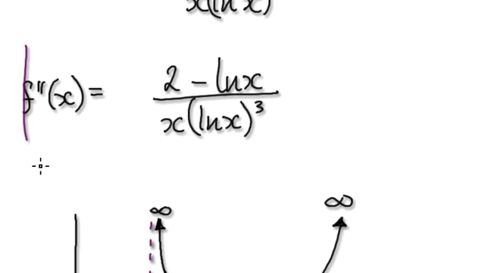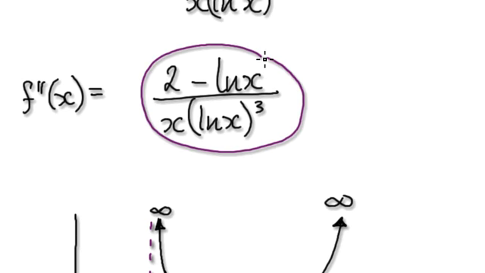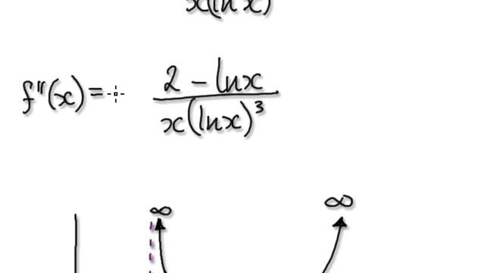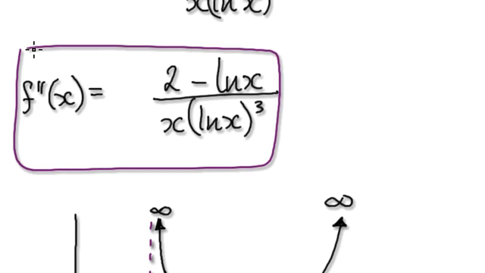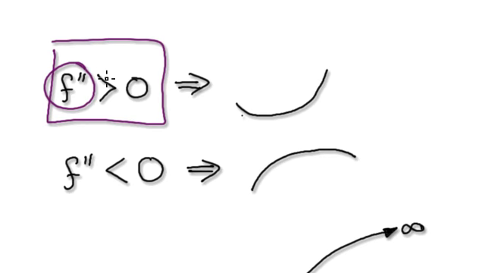So now let's look at the second derivative. Find out when the second derivative is 0. That's the interesting point. Remember from some of the earlier videos, if the second derivative is greater than 0, you will have concave up, and we've done several videos on this.